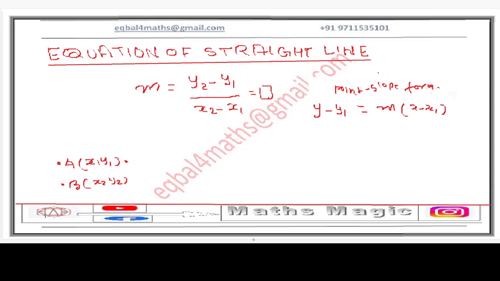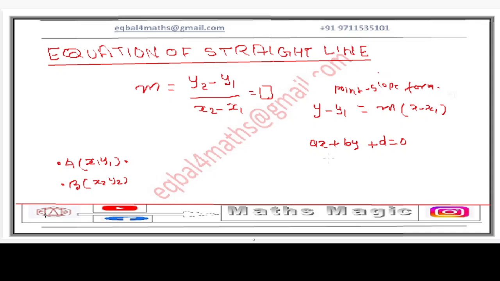Now next is the general form. The general form is ax + by + d = 0.